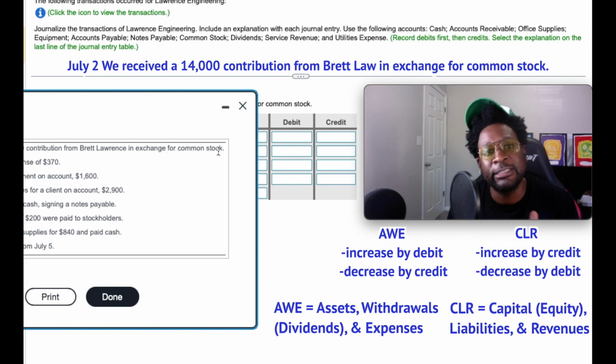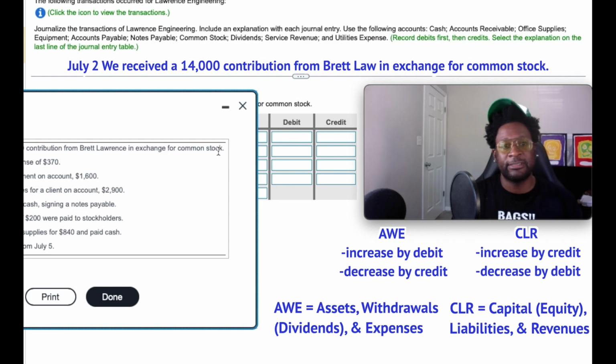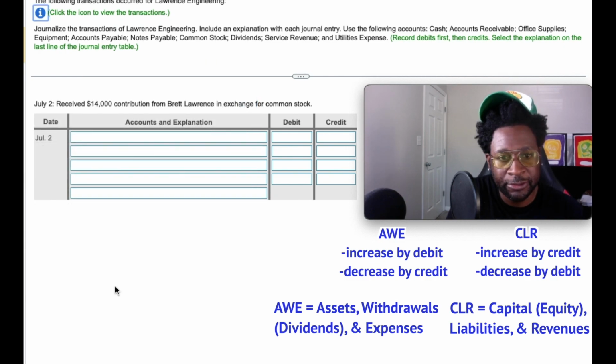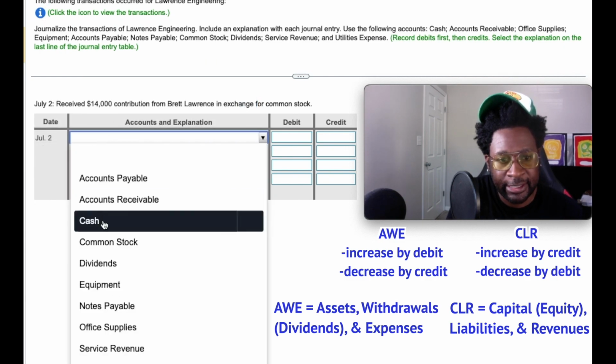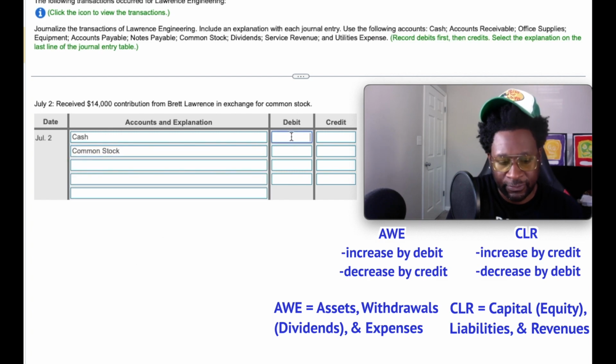Since common stock is a part of stockholders' equity, and stockholders' equity is also known as capital, that brings it into the Clear gang. And since our shares are now increased, we are going to have to credit common stock. So what we're going to do is debit cash and credit common stock for $14,000.